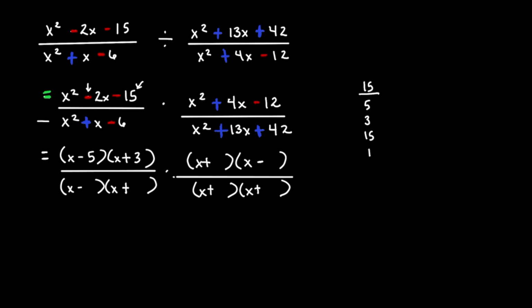The bottom left expression, we need to come up with all the factors of 6. So we have 2 and 3, 6 and 1, and we want a +1 for that middle term, so we'll want the larger number to be positive, so it'll be 3 and then -2.